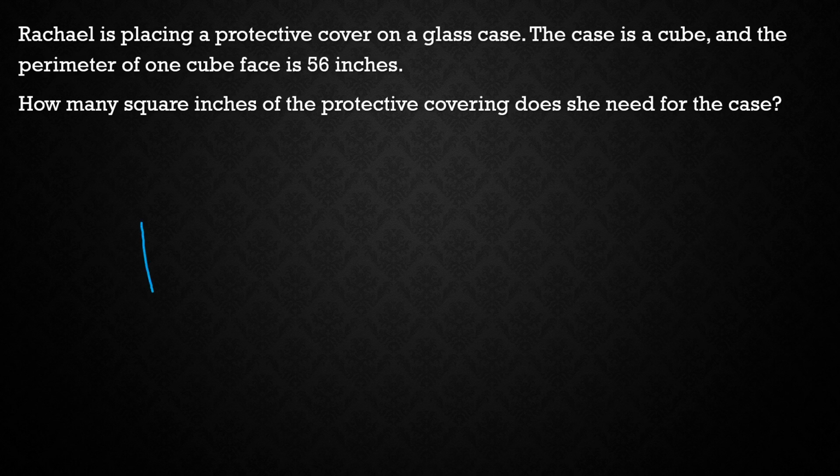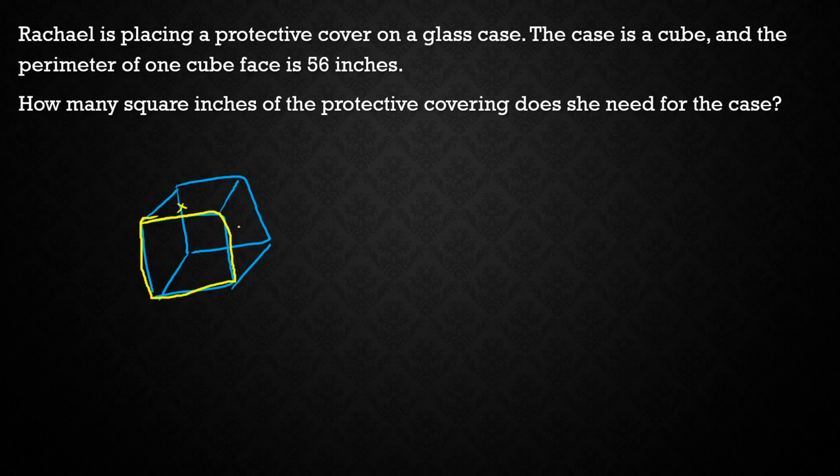So let's draw a cube here. Okay, and I know that remember the perimeter is all 4 sides added together. So I don't know any of these sides, but I do know that they're all the same because it's a cube. So I have 4 x's, and when I add all 4 together, I'm going to get 56.